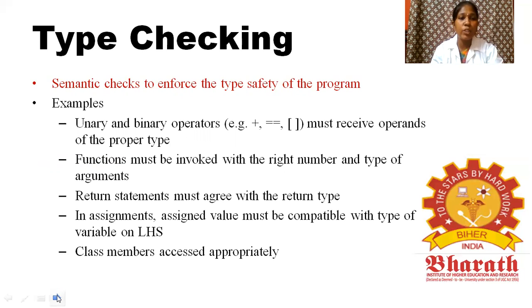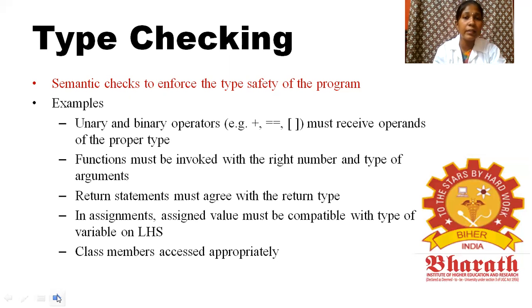So these are semantic checks to enforce the type safety of the program. Examples: unary and binary operators. Unary is plus, binary are equal to, or, not, and. All these must have operands of the proper type. Functions must be invoked with the right number and type of arguments.